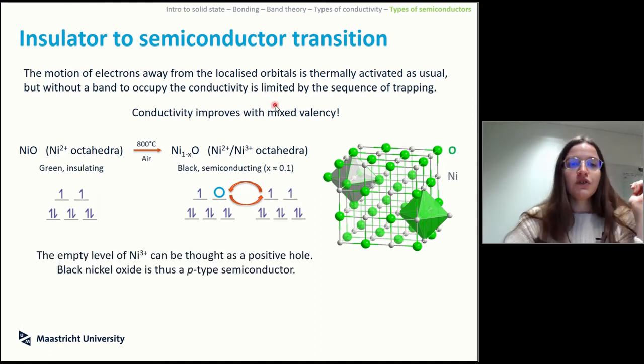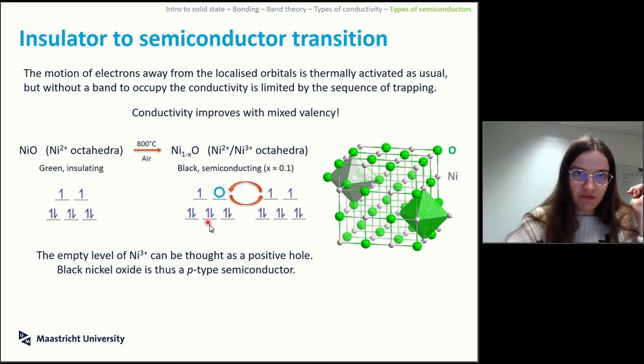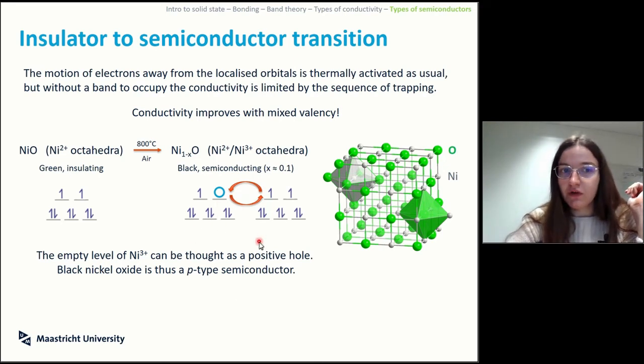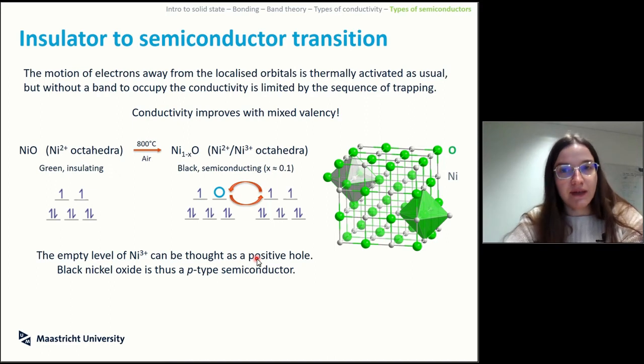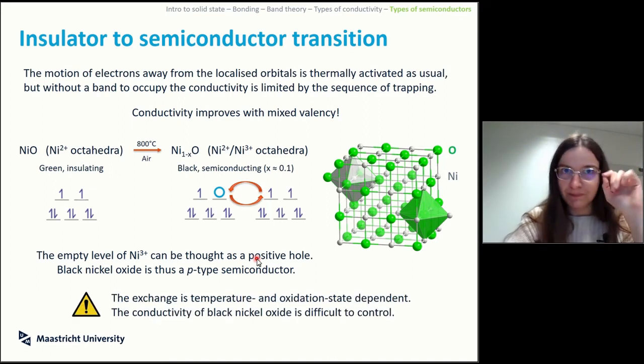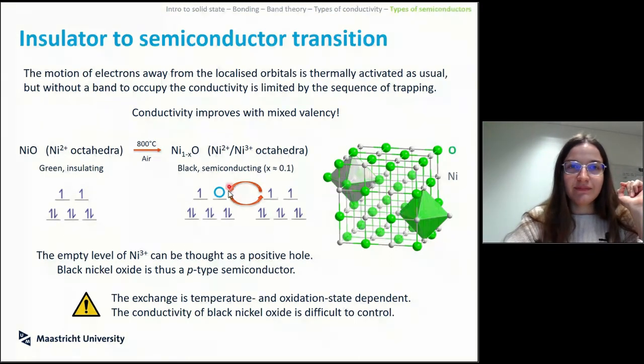Nice. So the empty level that you have here can be thought of as a positive hole, so nickel oxide is regarded as a p-type semiconductor. Note one problem: how much you conduct with nickel oxide is very much temperature and oxidation state dependent.